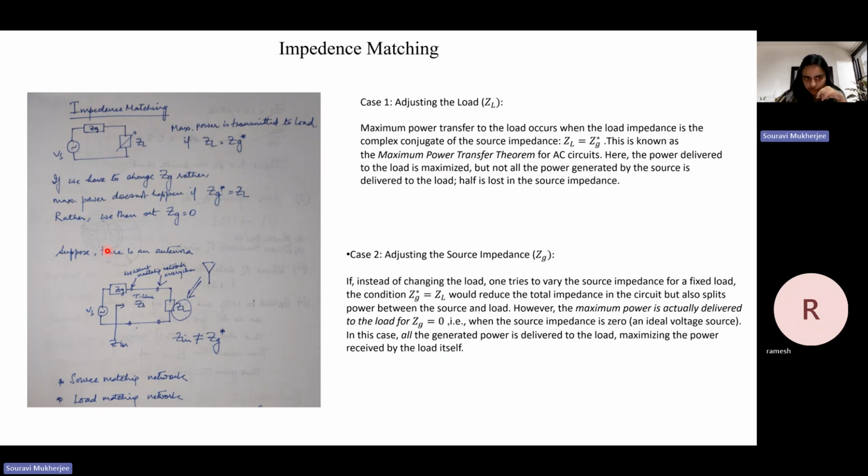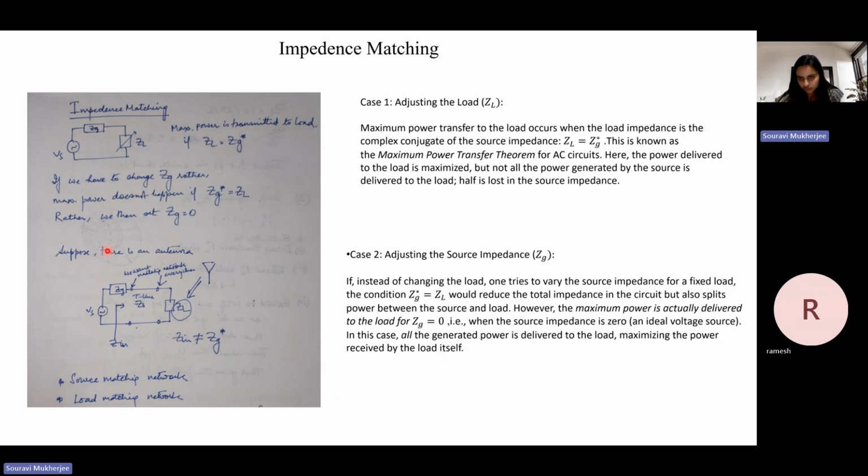So that's the thing I was just coming to. When you are talking about matching circuits, you have to do matching on both sides, the source side and the load side. First, you do a match at the source end, where your ZG, the source impedance at the generator end, should match with the characteristic impedance of your line.